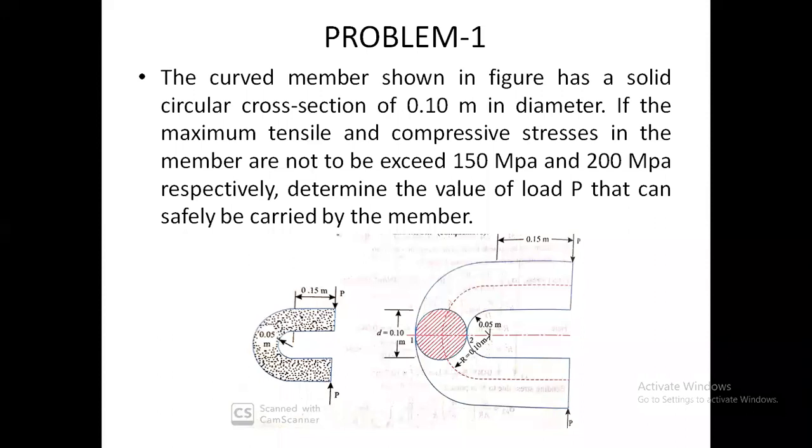That is 100 mm. If the maximum tensile and compressive stresses in the member are not to exceed 150 megapascal and 200 megapascal respectively, determine the value of load P that can safely be carried by the member. So that is what is given.